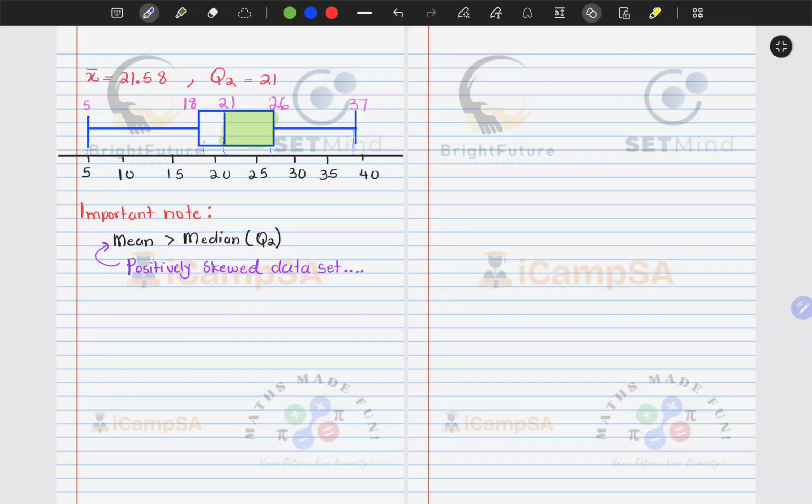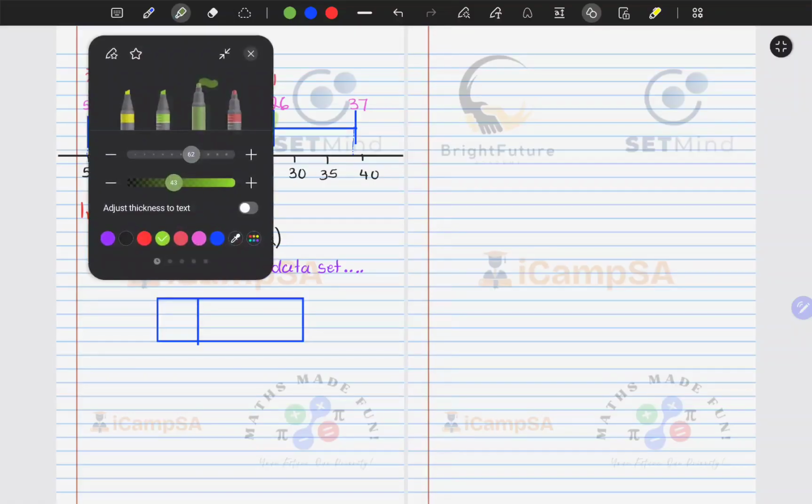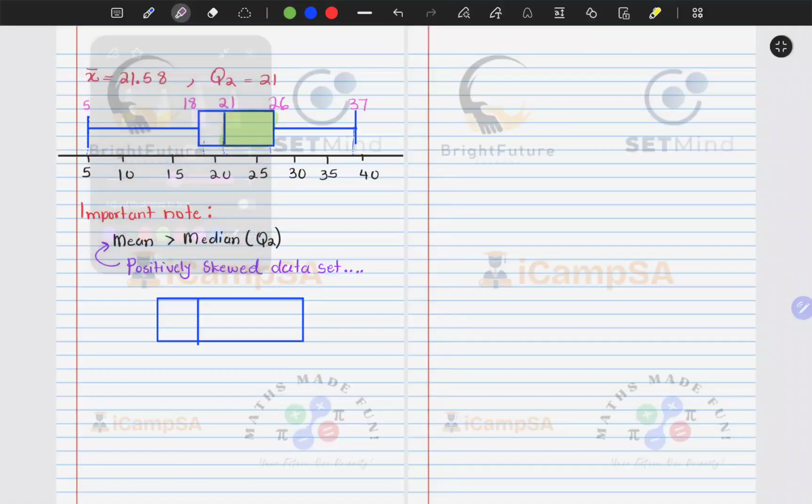How you see that is that you will usually have your box like this, and you'll have your median. If you look carefully, we'll have more space to the right. That is how it becomes positively skewed.